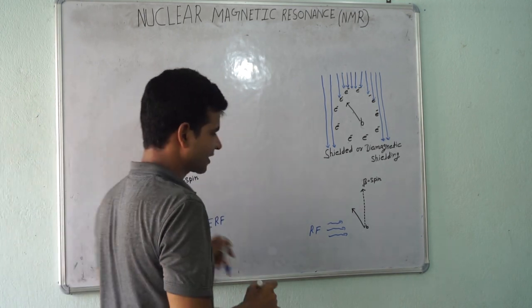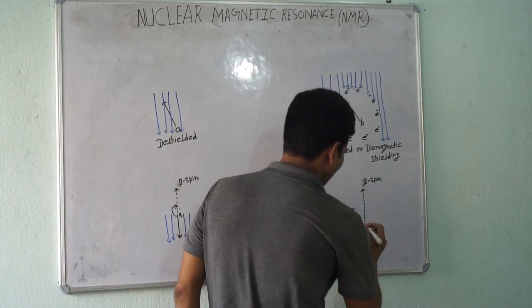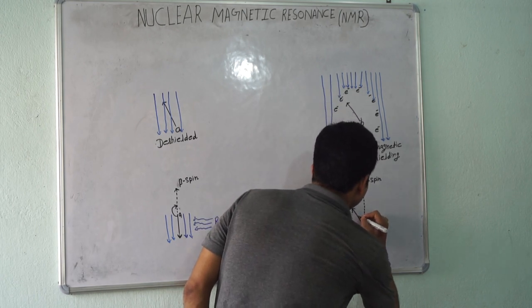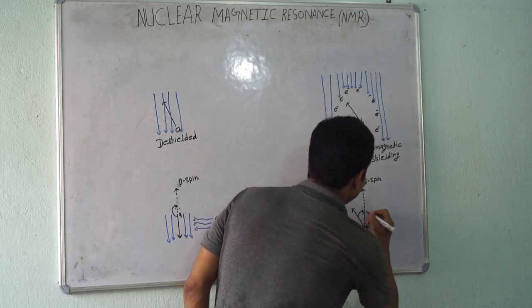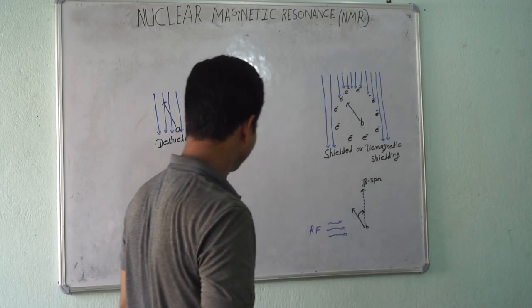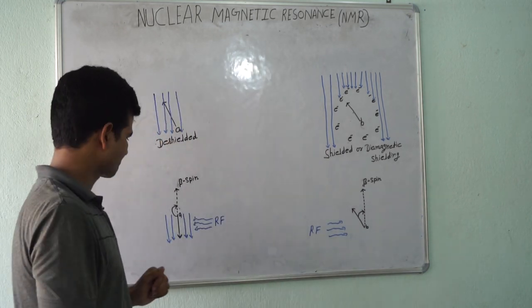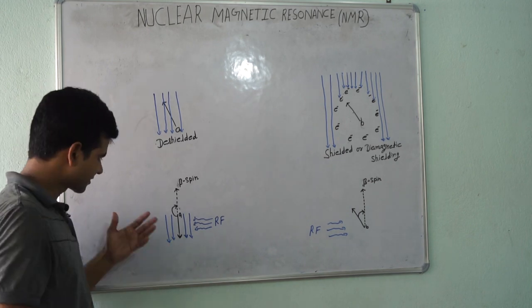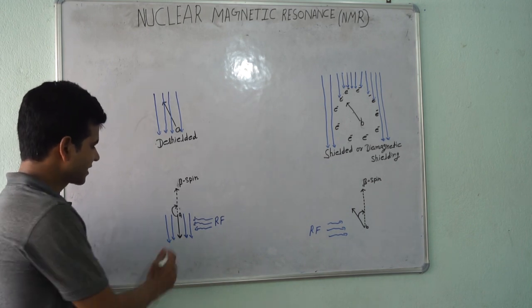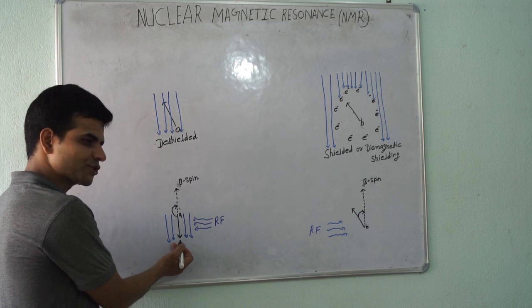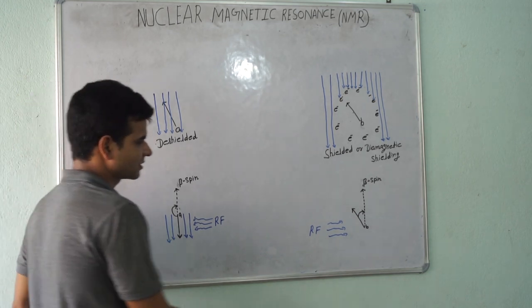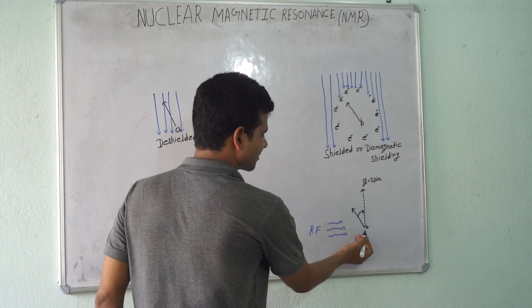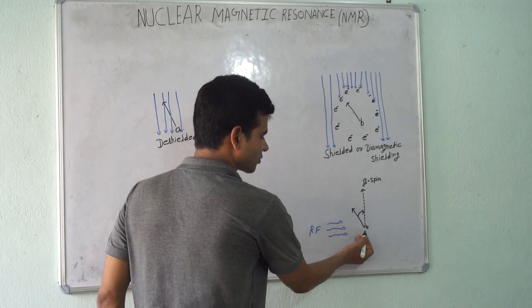But this hydrogen atom has to travel less than 180 degrees to go into beta spin. Therefore, in other words, this hydrogen atom has to travel a long distance to go into beta spin, but this hydrogen atom has to travel a short distance.